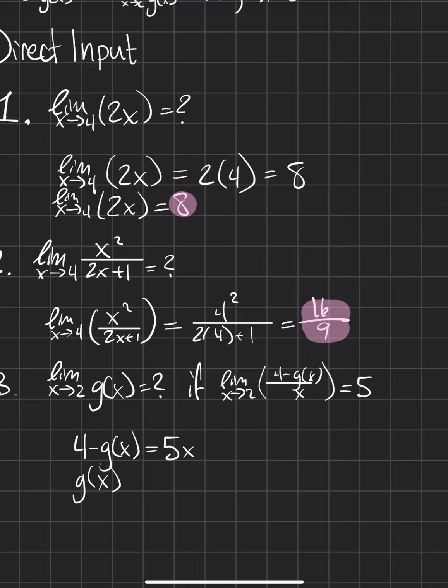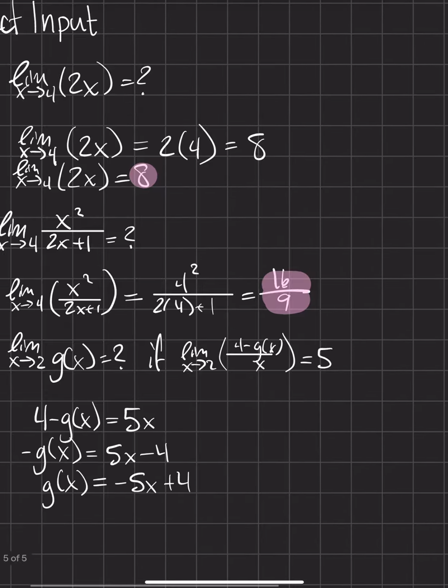We're going to do 5x, subtract 4 on each side, and then we're going to divide by that -1 and get that our function g of x is going to be -5x plus 4, right? And now we can evaluate the limit as x approaches 2 of our function g of x.